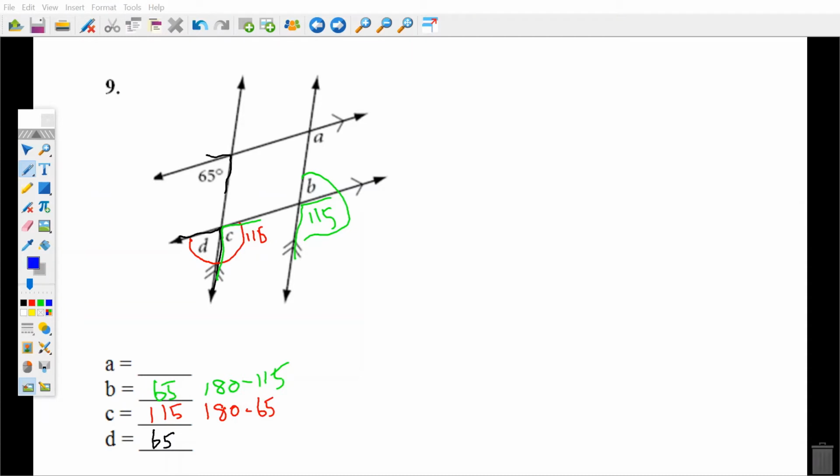A and B are on the same side, those have to add up to 180 degrees. So I would go 180 minus 65, and I would get 115. That's my 4 answers. Next question.